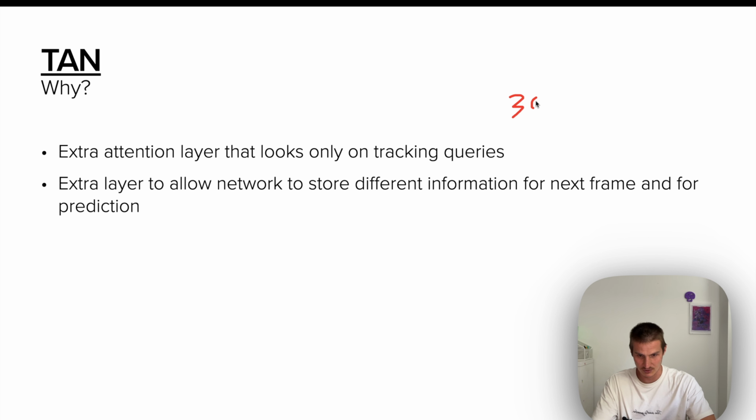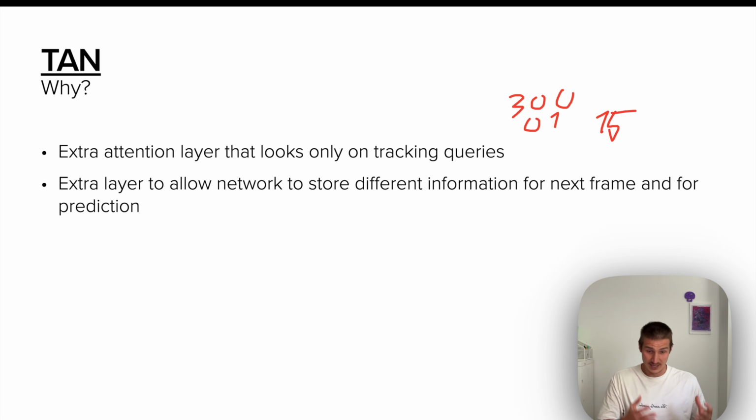The total is usually 300, and for tracking queries you'd have 0, 1, maybe 15, but not that many. It also allows the network to store a different sort of information for the cases where it needs to pass it to the next frame, as opposed to just doing the prediction for the current frame.